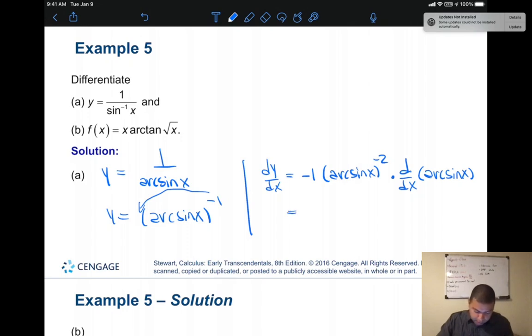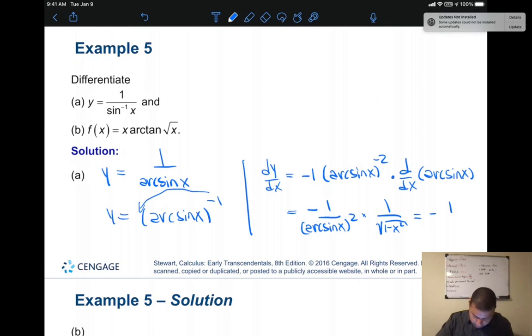So that will be minus arc sine squared x. I'll just keep it like this, because this is a negative, so it can go down onto the fraction. So minus 1 over sine x squared times the derivative of arc sine, which is what I just found. So it's 1 over the square root of 1 minus x squared. So it will be minus 1 over that whole thing, right?